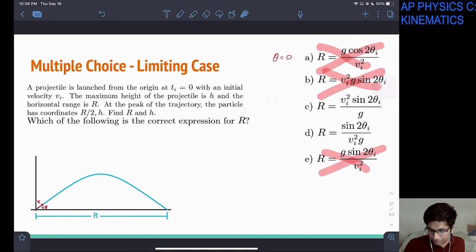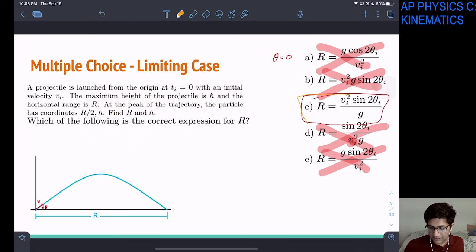So in the first equation here, if you throw the really big V, our R is going to become really big too. That sounds good to me. But in the second one, if you throw with a really big V, the denominator will become really big, so our overall expression is going to become really small, and our R is going to become smaller. So this doesn't make any sense to me, right? Because we expect a big V to give us a really big R. So it's not going to be D either. So our answer is just going to be C.